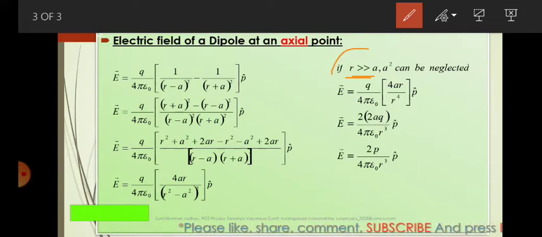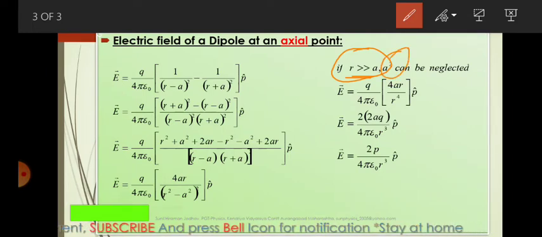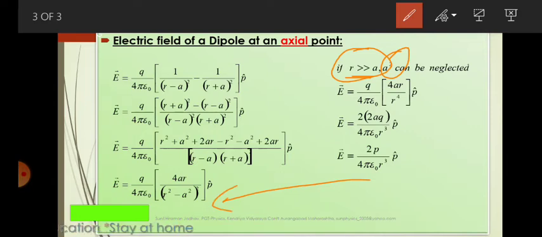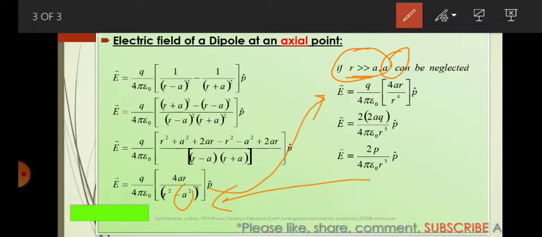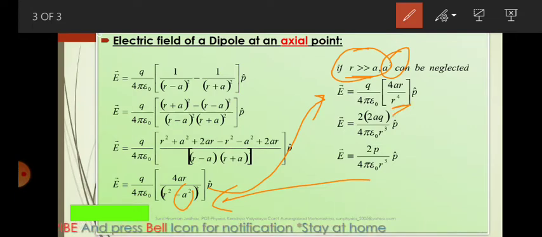So if this condition is attained, that is r is very much greater than a, then this a square can be neglected in this equation, right? So if I neglect this a square, then this E turns to be E equal to q upon 4 pi epsilon 0, 4ar upon r to the power 4, into p, right?